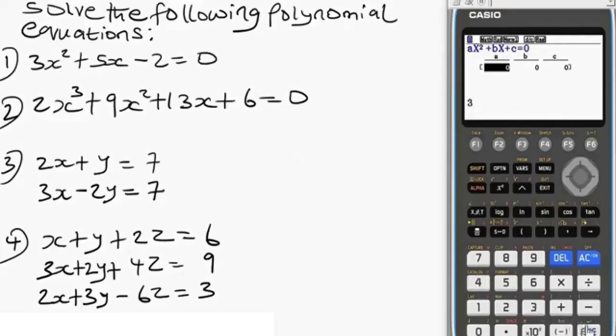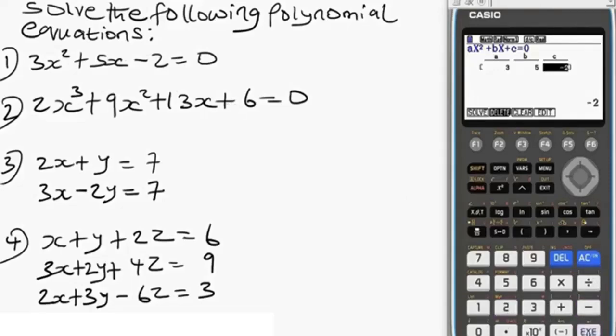Press execute. Now the coefficient of 5x, which is our B, is what? 5. As simple as that. Press execute. Whereas the constant, which is our C, is -2, so you enter -2 here, and that's all.